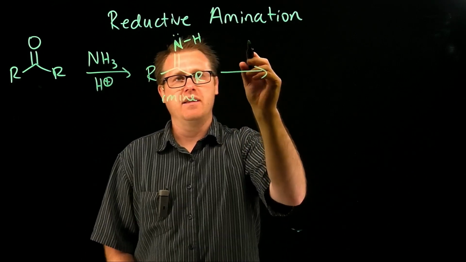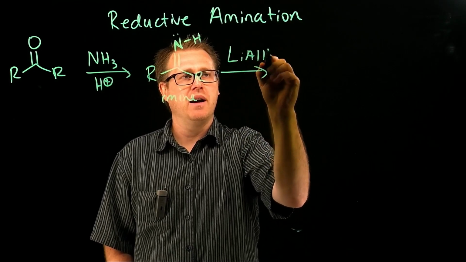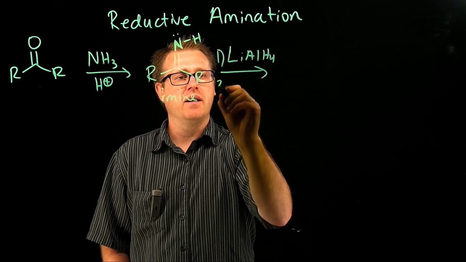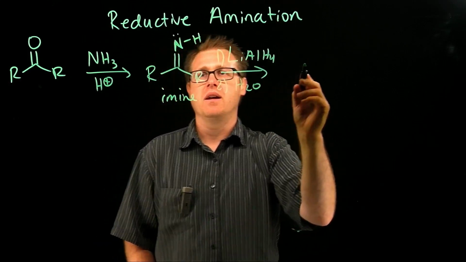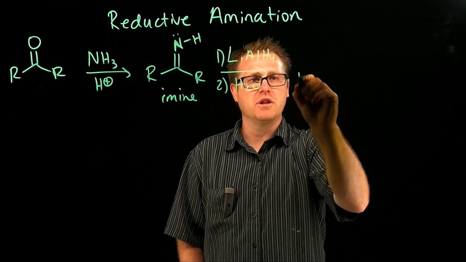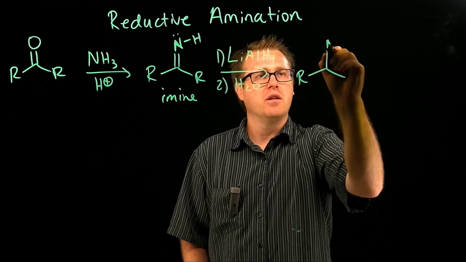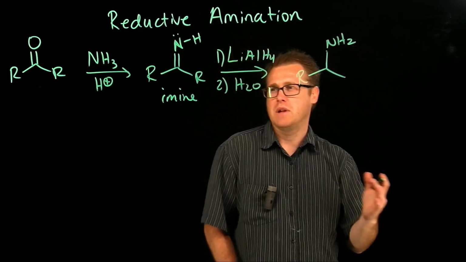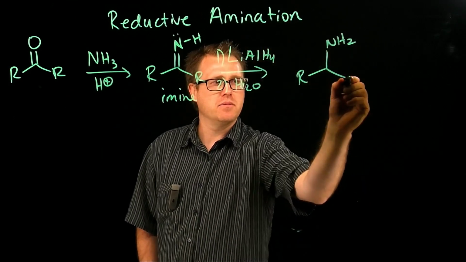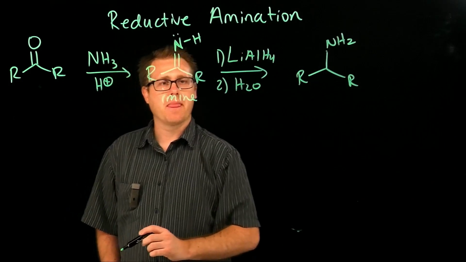Then you could treat that imine with lithium aluminum hydride and some water, and then you would generate your amine. That's one, recall that, and we still need our R group there.